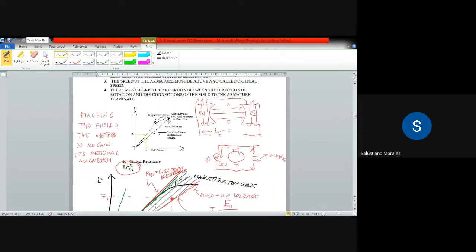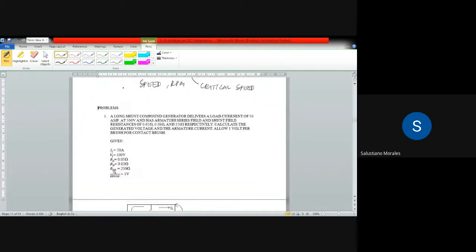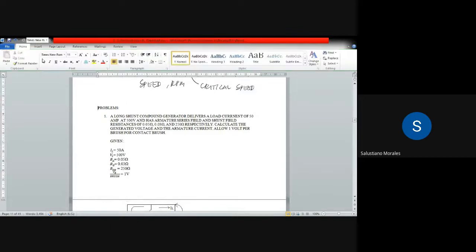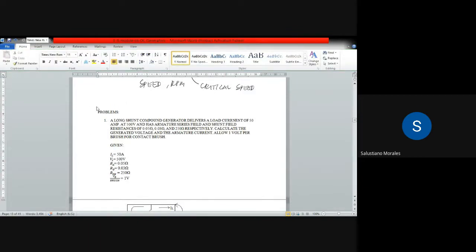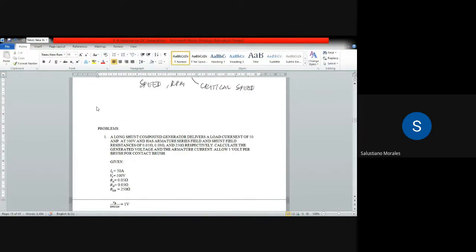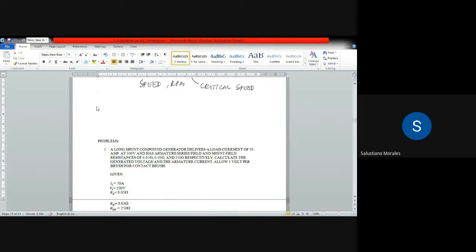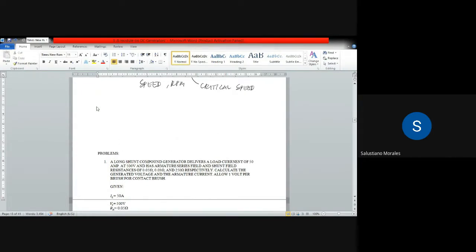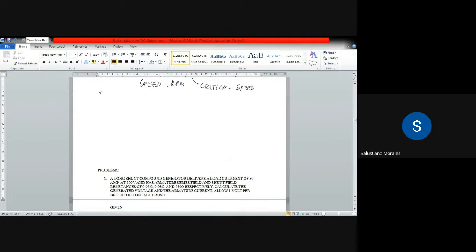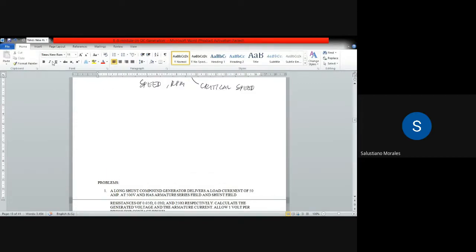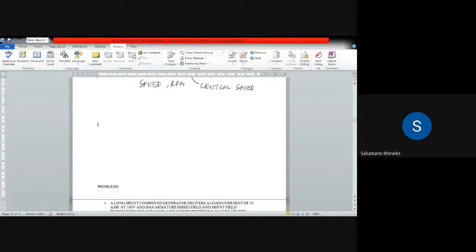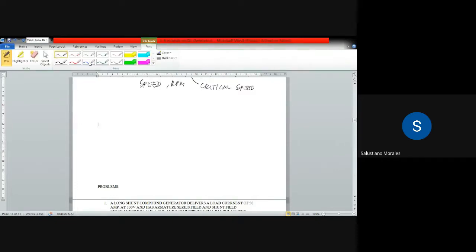So again, let's try to illustrate this by diagram. Let's consider again a two poles.